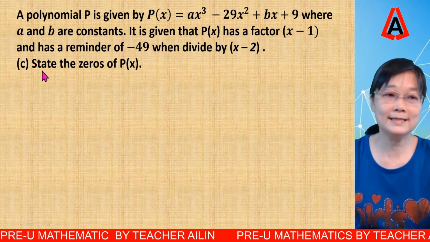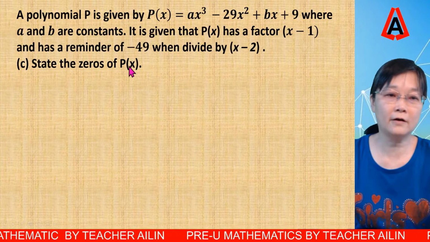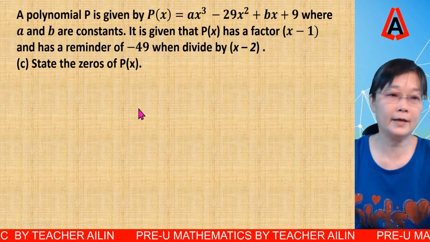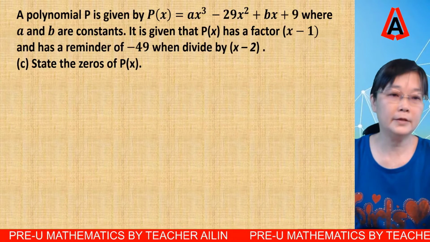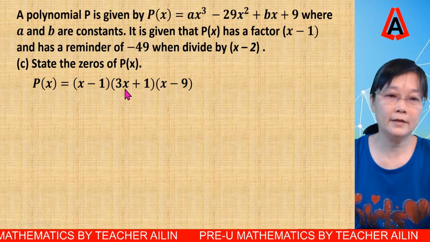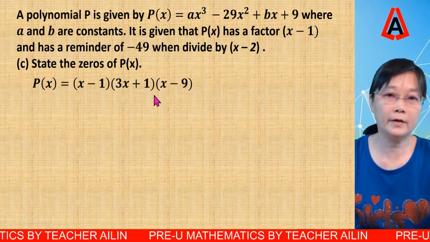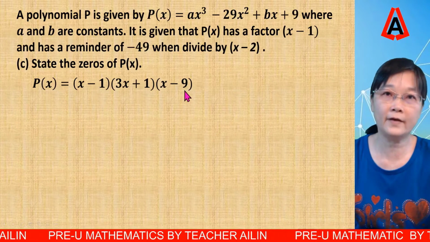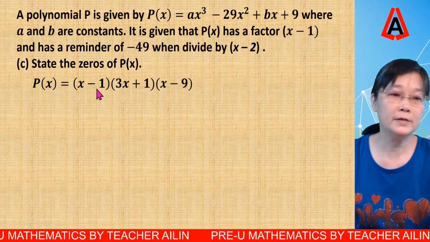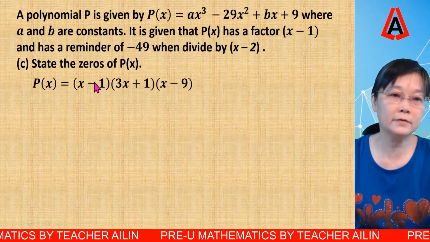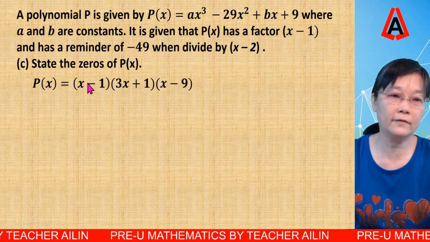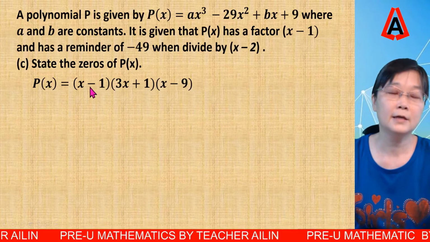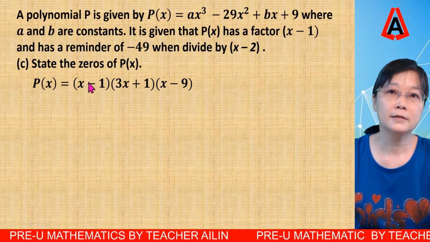Now question C. State the zeros of the polynomial p(x). From part B, since we have already factorized the polynomial, where the polynomial is the product of three factors, when we substitute the values of x here, we should get 0.